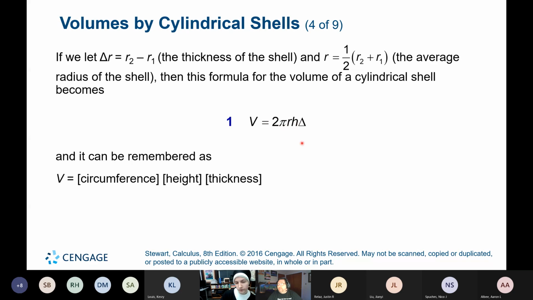We can remember it as the circumference times the height times the thickness, because 2 pi r is the circumference. The thickness, how thick that shape is, is going to go down to 0 because that's the entire point of integration. So that value you don't really end up using. You're just going to use the circumference times the height.